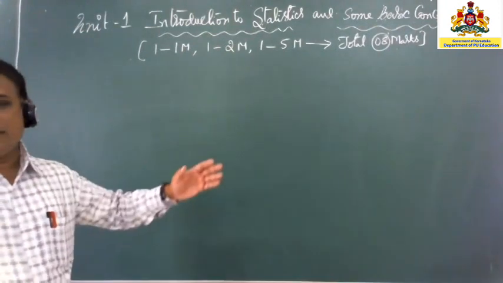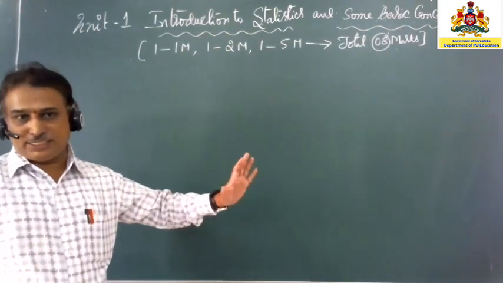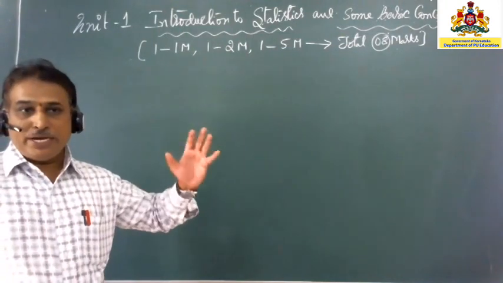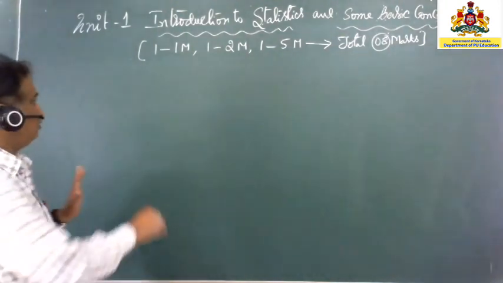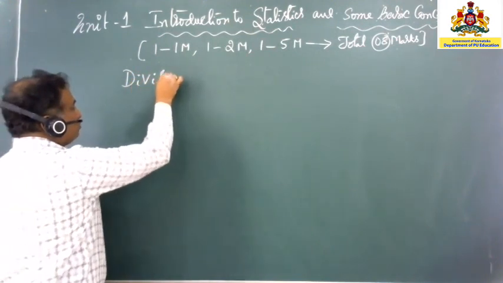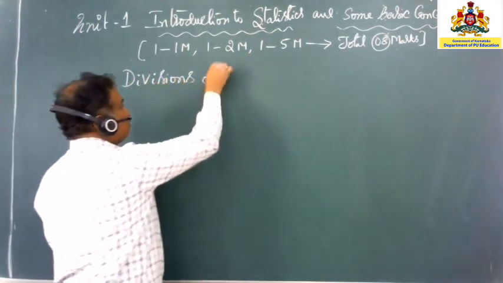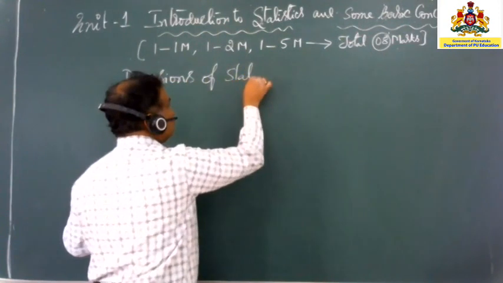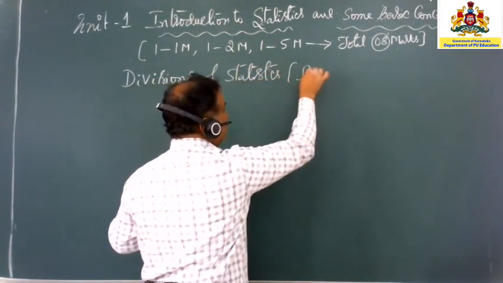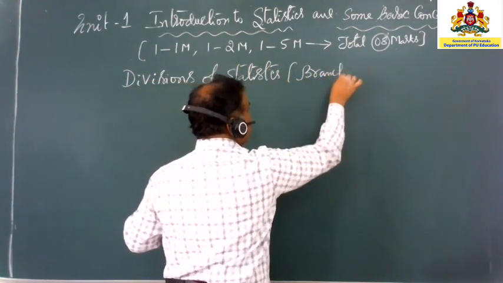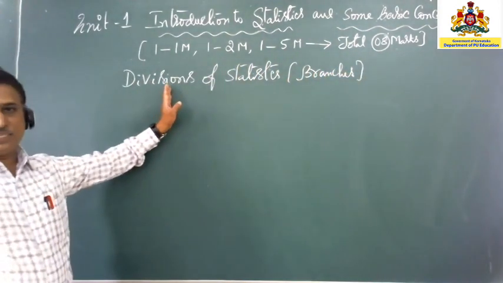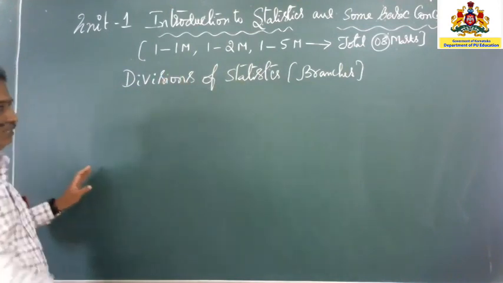After understanding the characteristics of statistics, the next one is the main divisions of statistics. It is nothing but the branches of statistics. Divisions of statistics or branches of statistics.